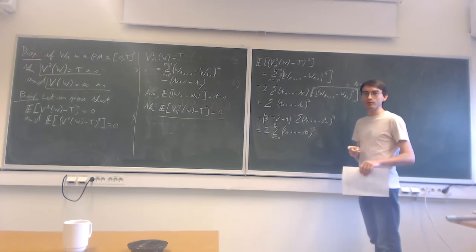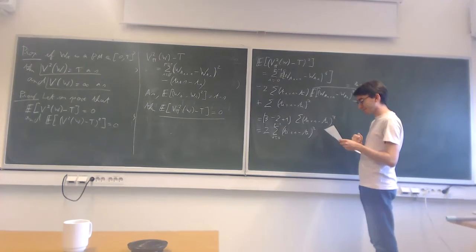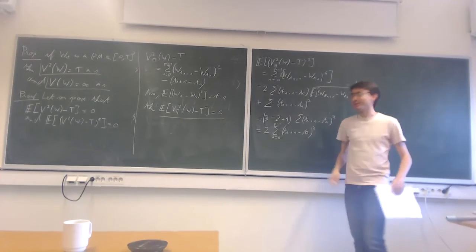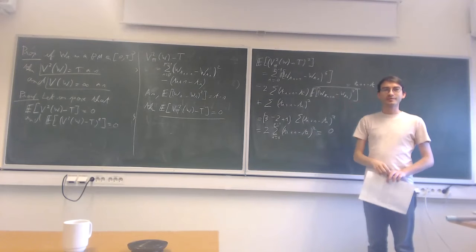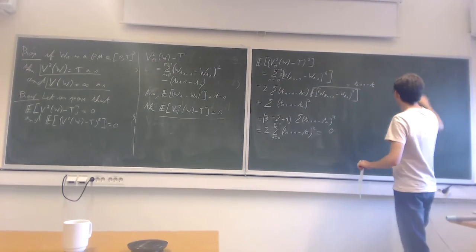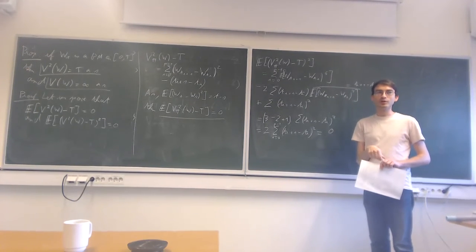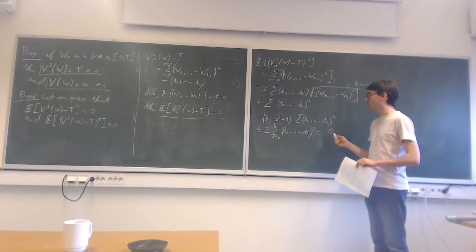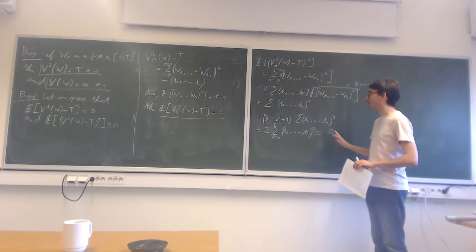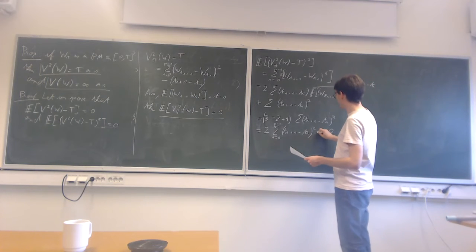So it's just the integral of the derivative. Why is it 0? The quadratic variation of a smooth function is 0. If you have bounded variation and you are continuous, V2 will be 0. That's it.